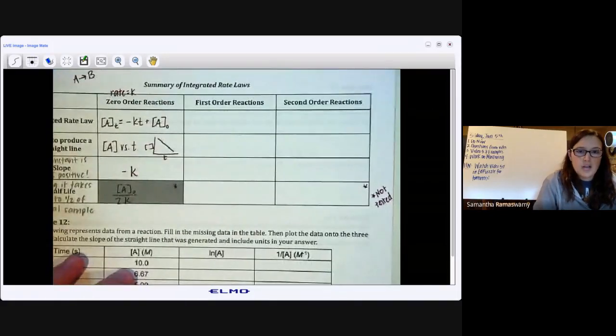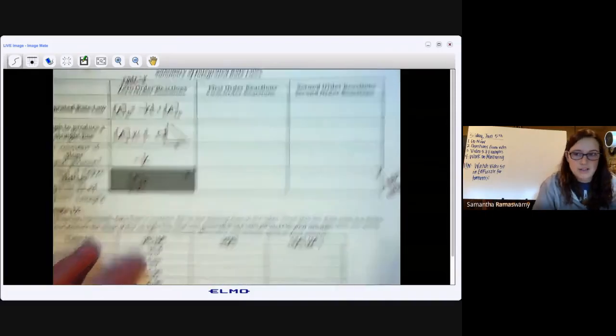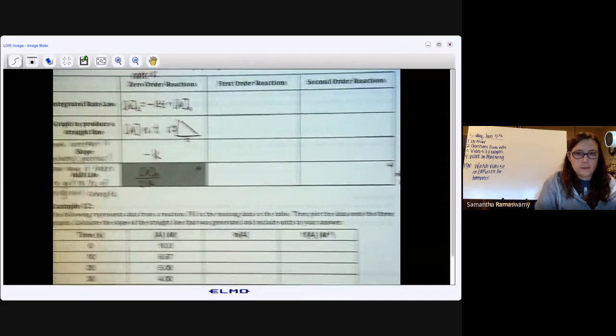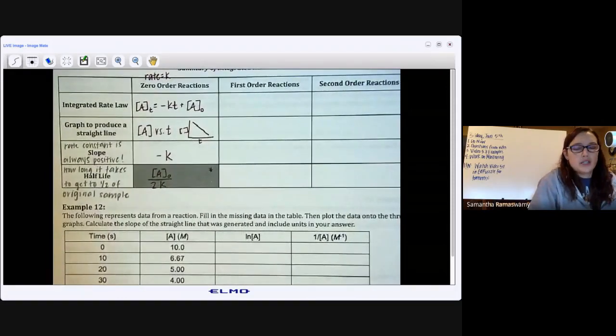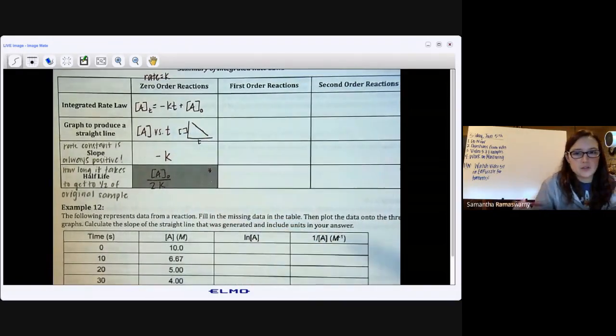I am not testing zero and second order half-life equations. I'm only going to focus on the first order. Okay, so that's zero order. You can tell something is zero order if the concentration versus time graph gives you a straight line.